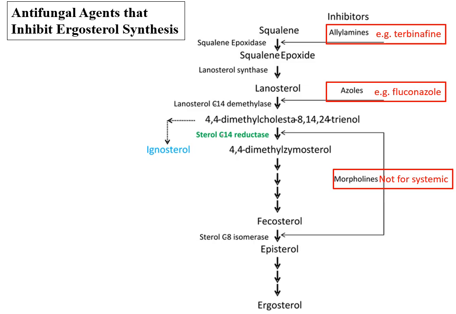There are others, like one we mentioned earlier, terbinafine, which interferes at an earlier step from squalene to squalene epoxide. And there are others like morpholines. They are not used systemically in humans, and they're also used, I think, for plants and other applications.